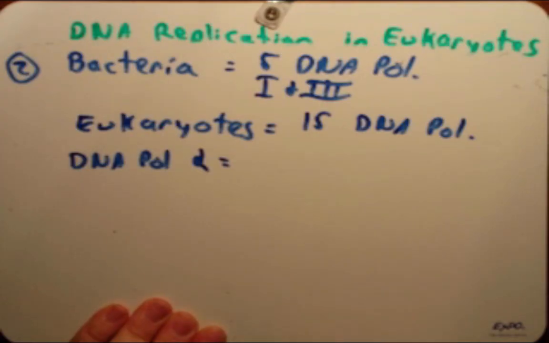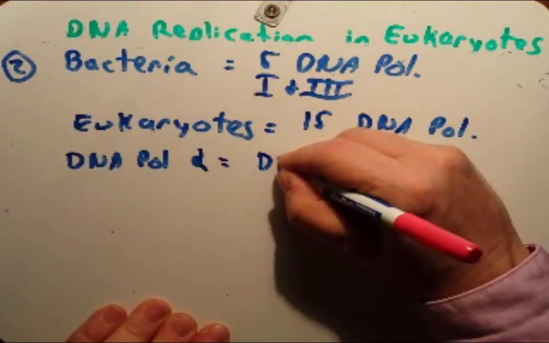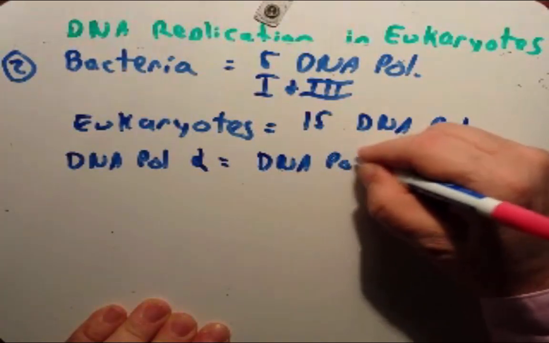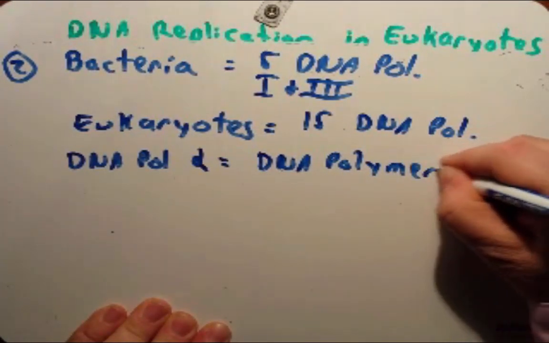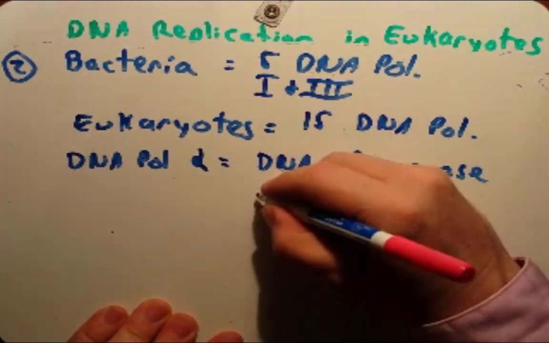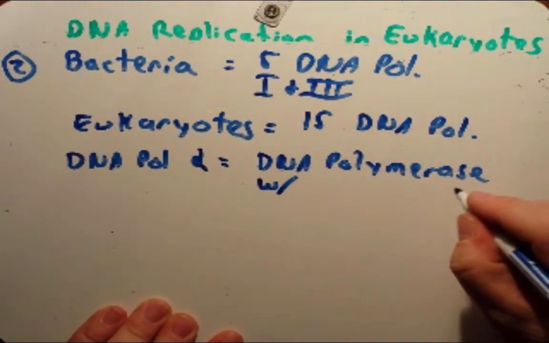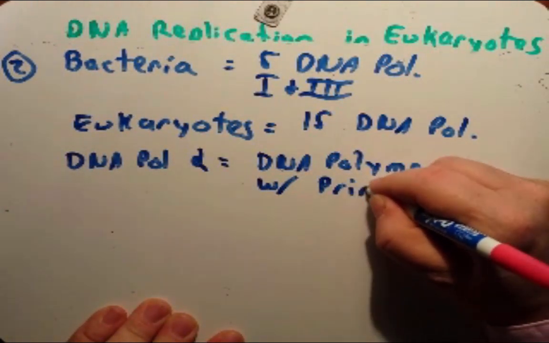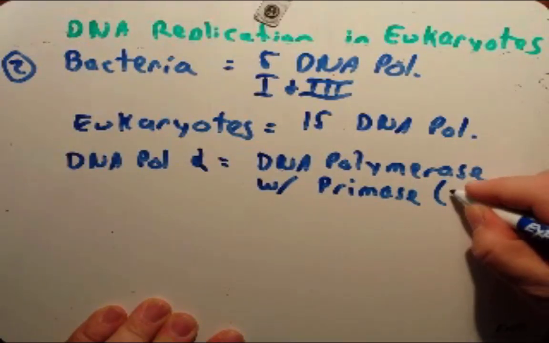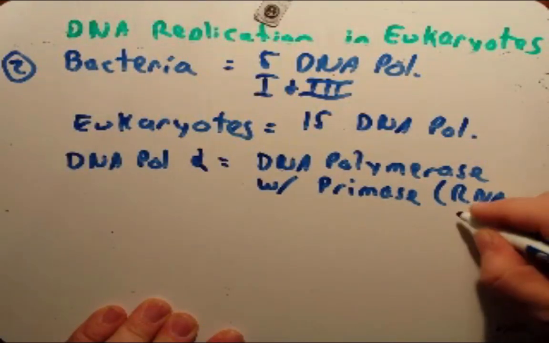This is similar to DNA polymerase 3 in bacteria. It initiates DNA replication with the DNA primase, meaning it needs that RNA primer.